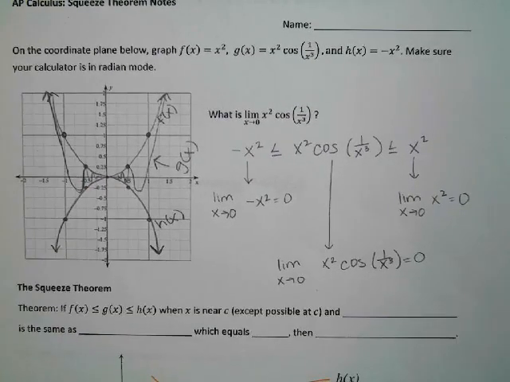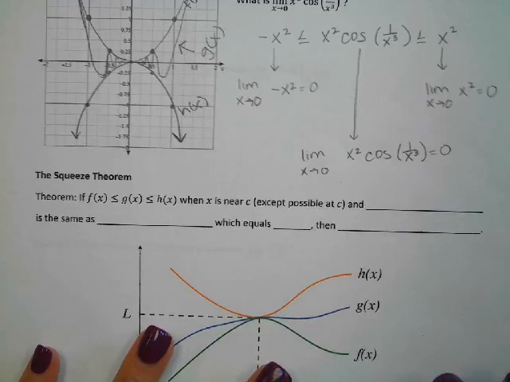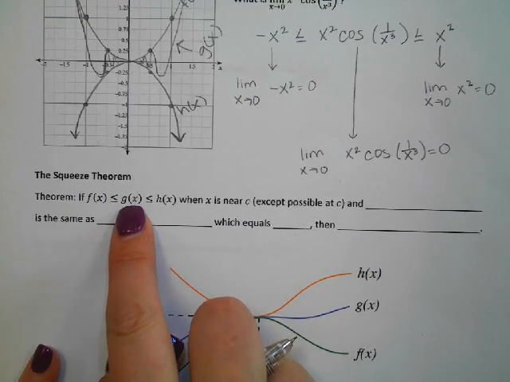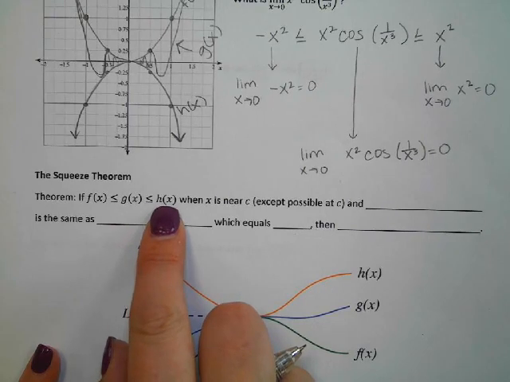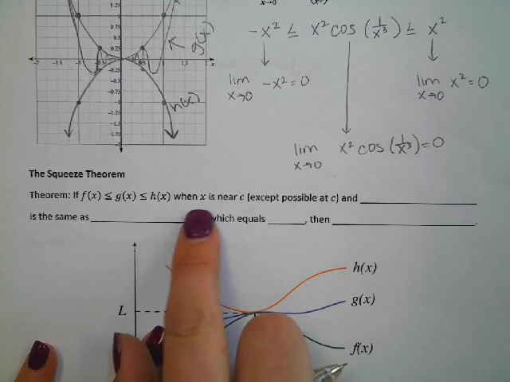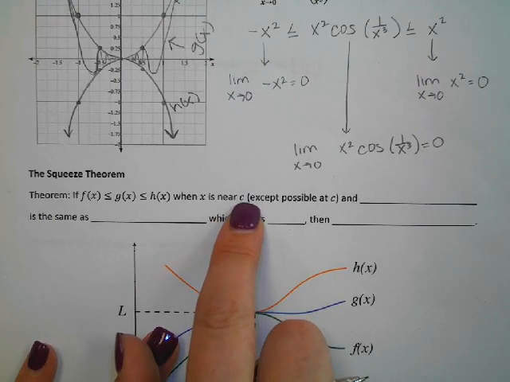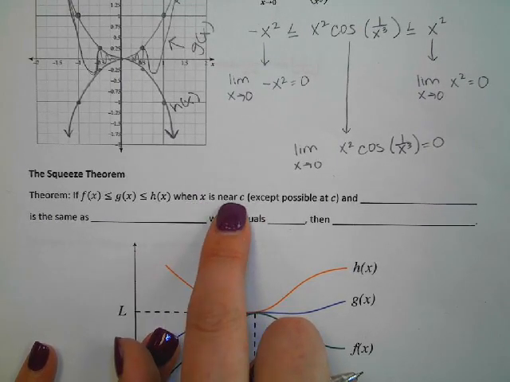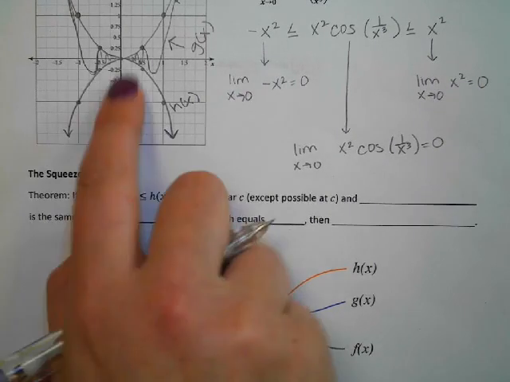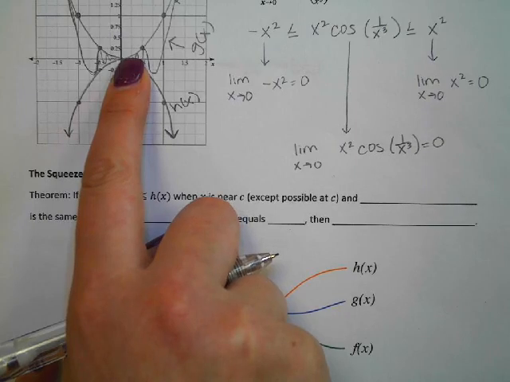Right? So the squeeze theorem is: if function f of x is less than or equal to the function g of x is less than or equal to the function h of x, if you can make this sandwich or if you can squeeze it, when x is near c, and when they say that phrase, you'll see that multiple times in calculus. When they say x is near c, they're talking about that value right there. So in this case, our c value was 0.